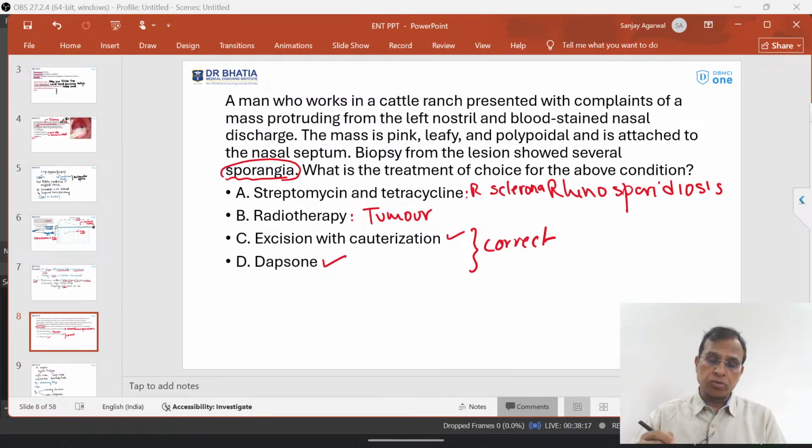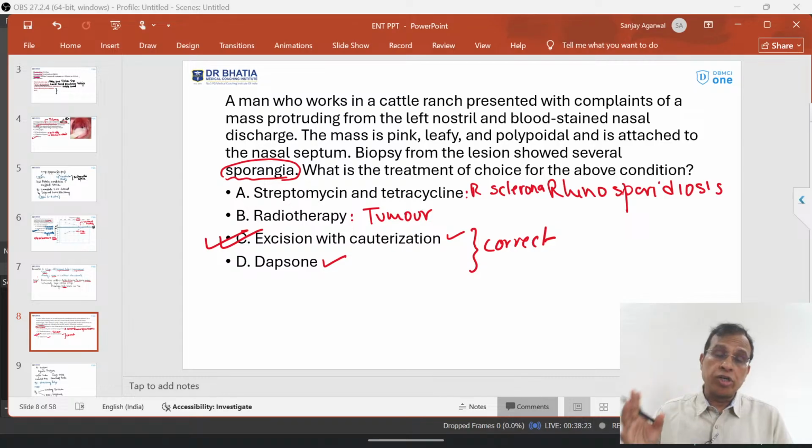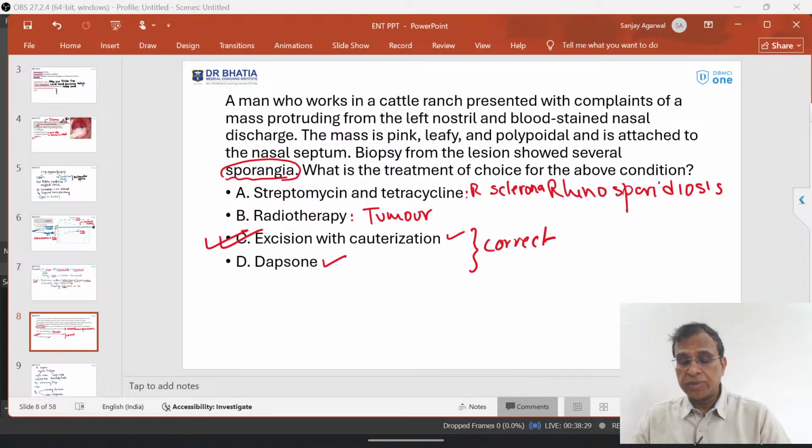And to remove the growth we have to do excision. So in this case both are correct answers. Treatment of choice is excision with the cautery. And why do we use cautery? क्योंकि bleeding हो रहा, so to decrease the bleeding. So C is the correct answer. D is also correct. If they ask you the drug of choice, then D. But if they ask you the treatment of choice, C is a better answer than D. So in this case, C. So these are some of the questions which can be confusing.